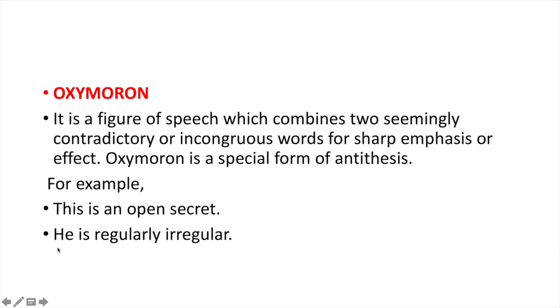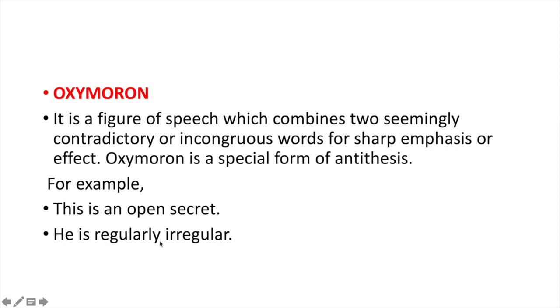So the next example, he is regularly irregular. Again here, the two words regularly, irregular are opposite and are placed next to each other. Okay. So I'll repeat it for you once again, that in antithesis and oxymoron, there is a very small difference between them.